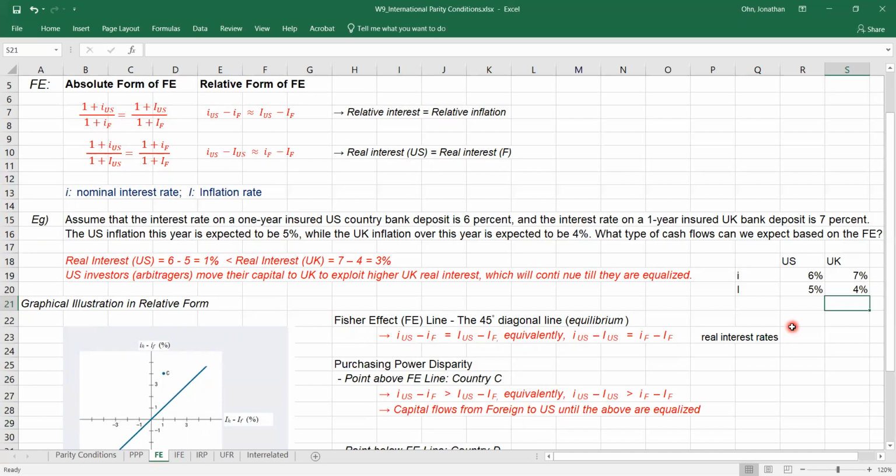All right. If you calculate the real interest rate in the US and UK, real interest rate is simply this one minus this, right? The same way, this one and this one here. See that? So real interest rate is much higher in the UK than in the US.